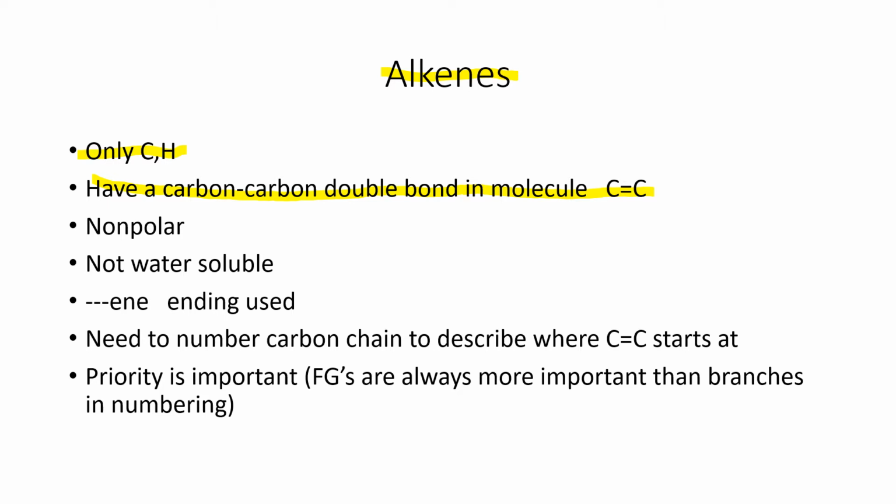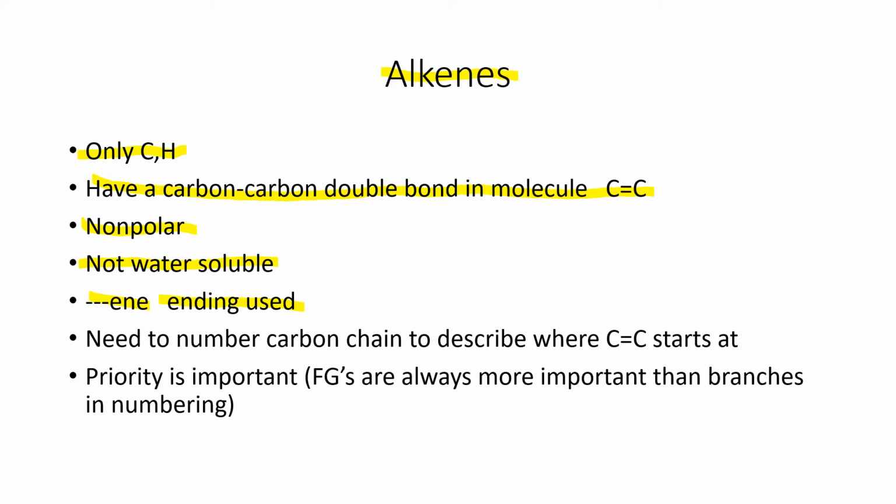Because we only have carbon and hydrogen, we're also expecting these alkenes to be nonpolar. And since they're nonpolar, they will not be soluble in water. The suffix we're going to use when we're naming alkenes is that ene ending. So we're going to see that for our alkenes.